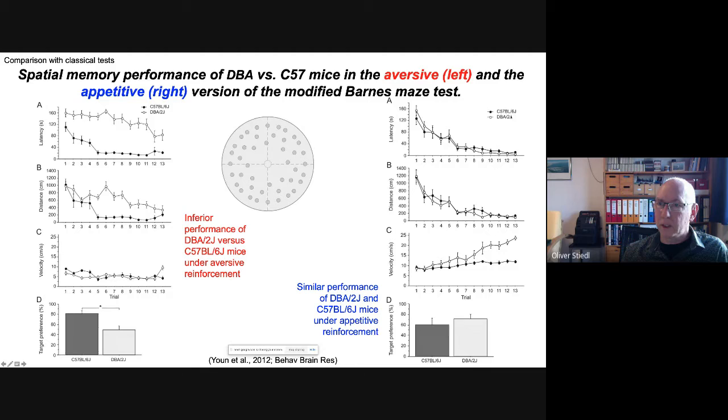On the contrary, you see that the DBAs are motivated by the Element piece as a positive food reward and increase their velocity. And in the learning trials, there is no difference. So the conclusion that we had at that time is, since we know that the DBAs are more anxious, has it to do with cognition or has it to do with the emotion impacting on cognition?